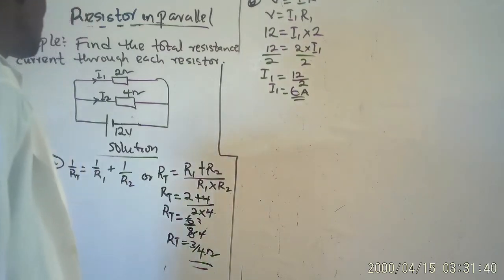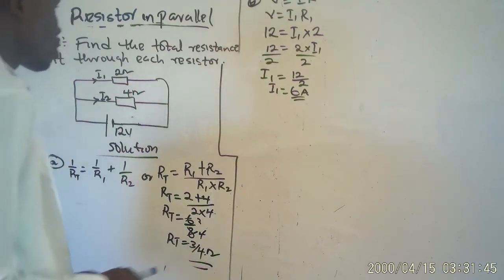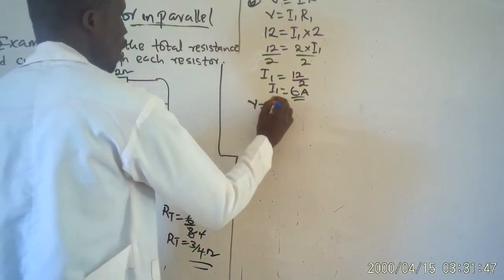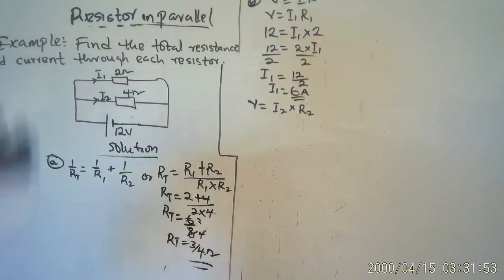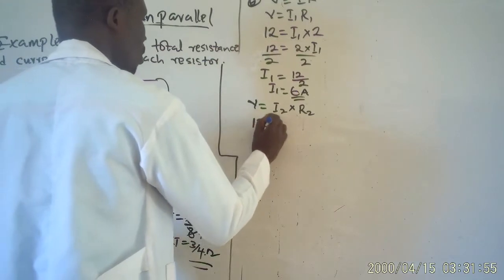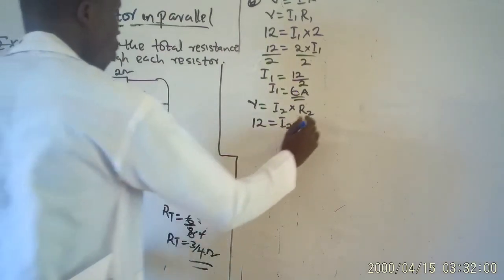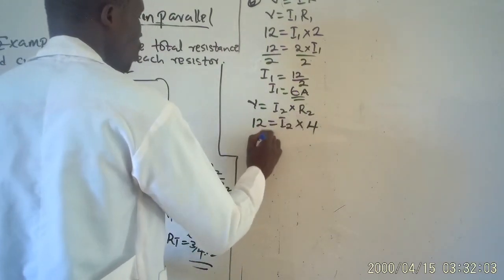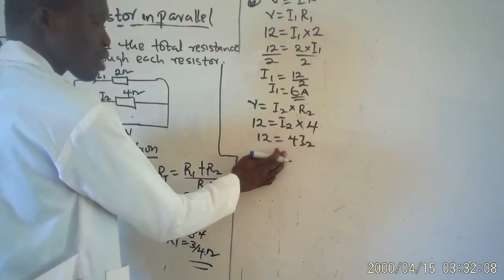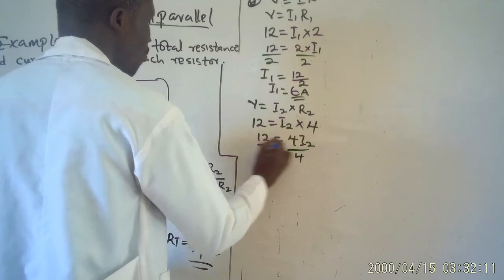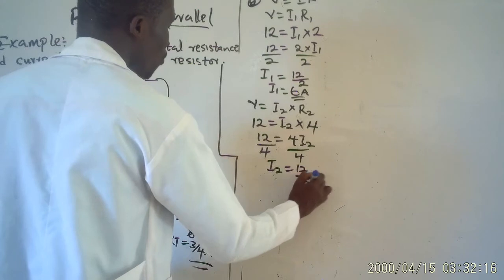Now let's check the current flowing through the 4 ohms resistor. That will give us V equals I2 times R2. From the circuit given to us, V is 12, I2 is not known, and R2 is 4. So this will give us 12 equals 4 I2. So you divide both sides by 4. I2 will give us 12 all over 4.